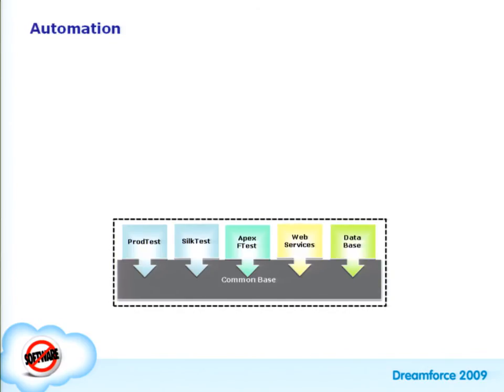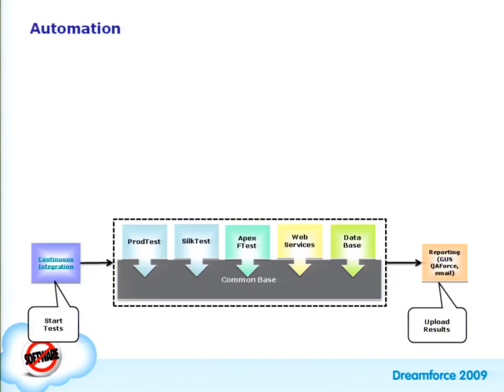The entire suite, we call it a framework, and it supports 4 different layers, and we have continuous integration with this framework, and the results get automatically uploaded to QA Force. The last part, defects getting automatically entered in GUS, we are working on it. We haven't completed that part yet.